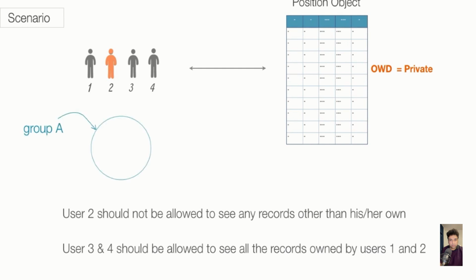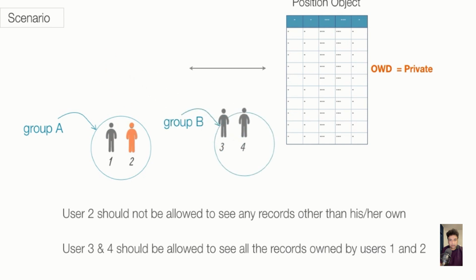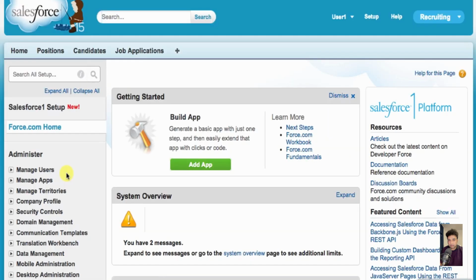We can go ahead and create two groups, Group A with user 1 and 2, and Group B with users 3 and 4. And then create a sharing rule saying that all the records owned by Group A should be visible for Group B. Let's create a group first.